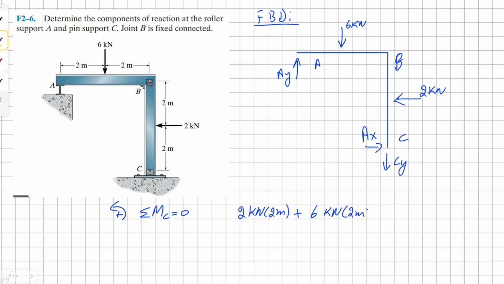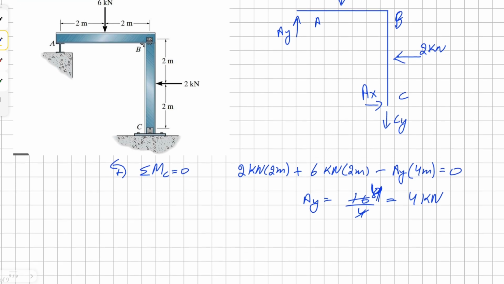And then we have our vertical load at point A, which is going clockwise, so negative, and it's 4 meters away, equals 0. Solving for AY, we get 6 times 2, 12, plus 2 times 2, 4, 16, divided by 4. So AY is 4 kilonewton.